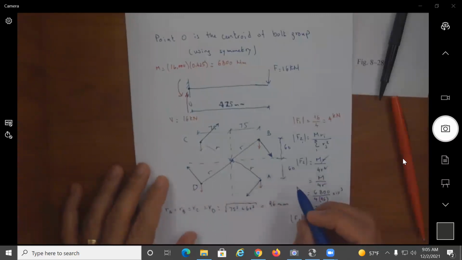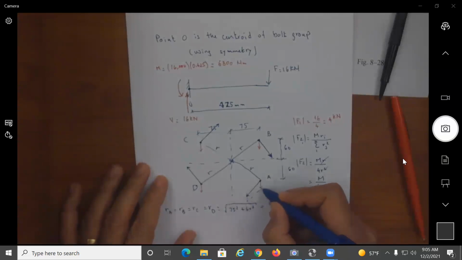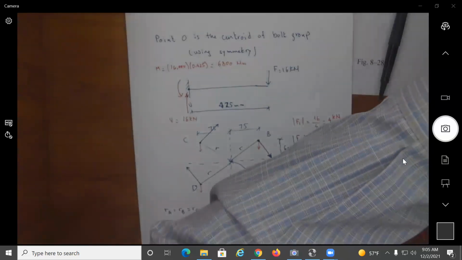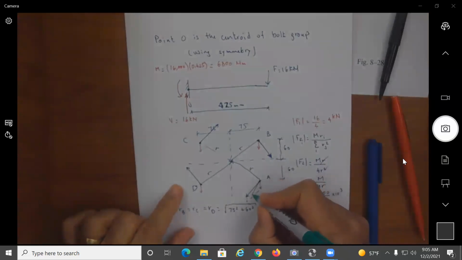If I look at, for example, these two forces using the parallelogram rule, if you recall, I'm going to draw a parallel and a parallel, and the resultant is going to be going like this.